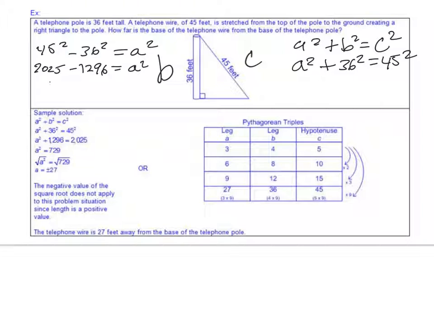We will get 729 is equal to a squared. Take the square root of both, and this will give us 27 is equal to a. Again, we're going to forget about the negative 27.